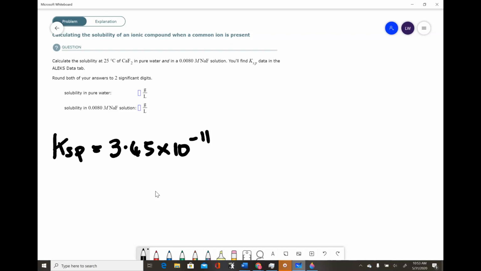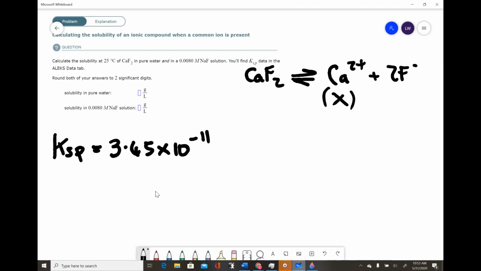So if I think about the Ksp expression for calcium fluoride, it's going to be CaF2 in equilibrium with Ca2+ and 2F-. So at equilibrium, that would have concentration x, and that would have concentration of 2x. Now that would be the case if we were beginning with pure water as our solvent.